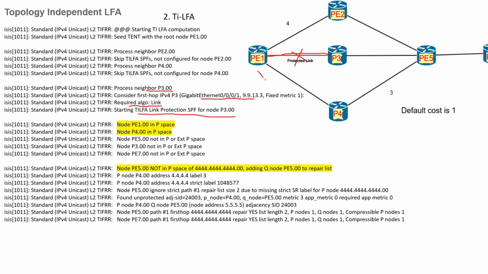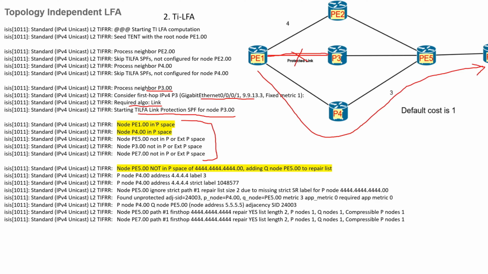Once it figures out that the post convergence path is via this node or this link, it tries to calculate the P space and Q space for P1 and P3.